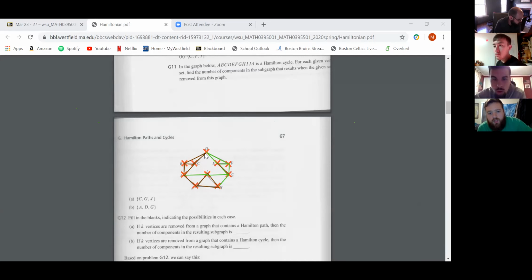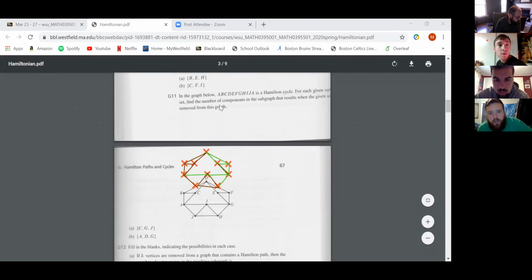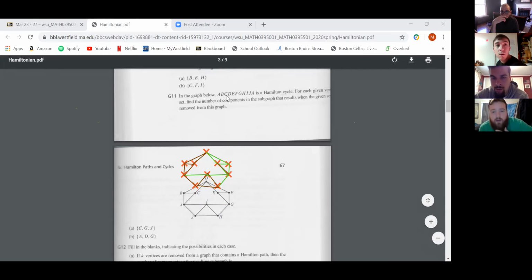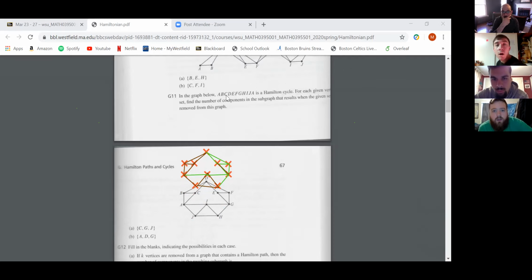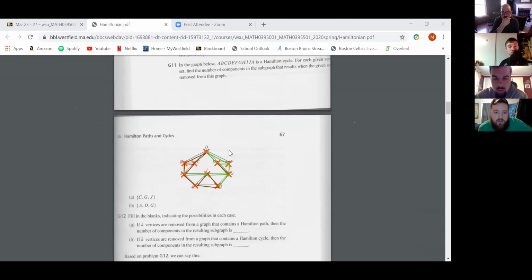We noticed that up at the top, the vertices written out for the Hamiltonian cycle, it was A, D, and G that were removed, and none of them are adjacent to each other.